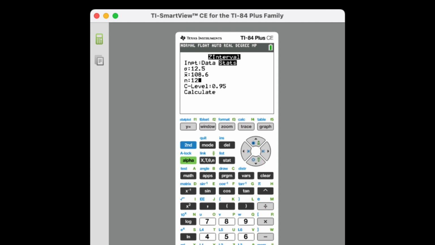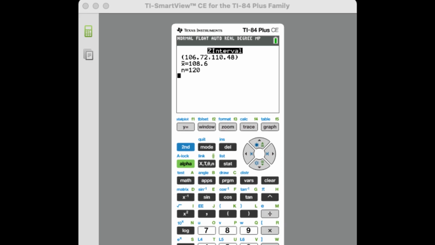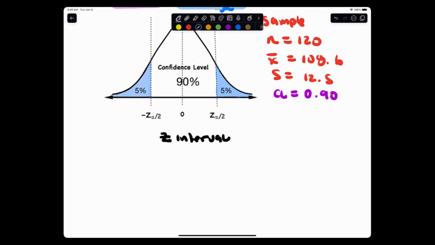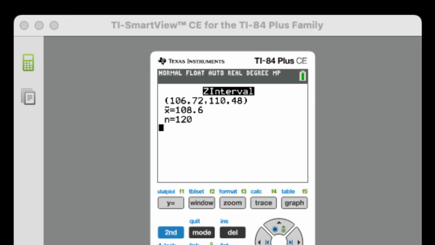Sample size is 120. Confidence level is 0.90. Scroll down to calculate. And what do you guys see under calculate? 106.72, 110.48. So 106.72 is less than mu, the true mean, which is less than 110.48.